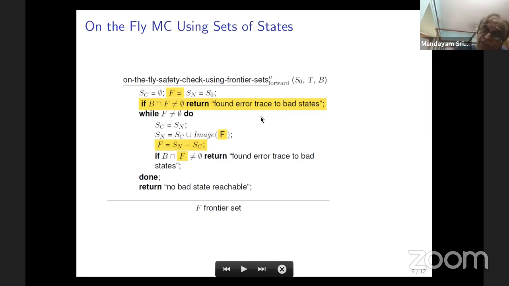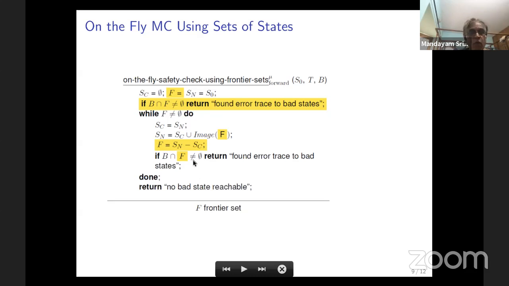I had mentioned this even before with respect to explicit state model checking as well, where I said you will have to do on-the-fly model checking without actually constructing all the reachable states, and that's what you're doing here. Because in a lot of cases, even when the universe of states is huge, which can be exponential, the set of reachable states could be manageable.